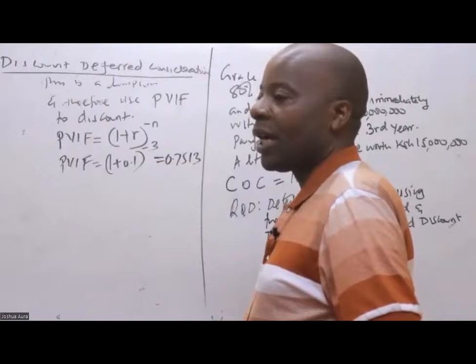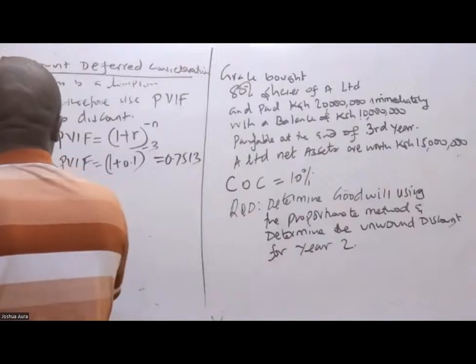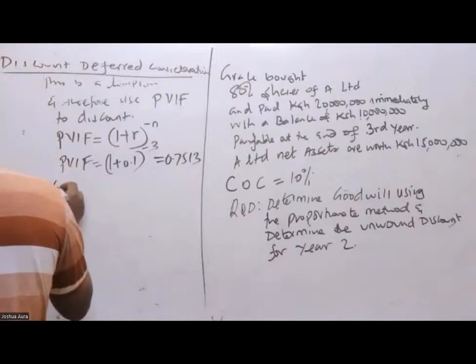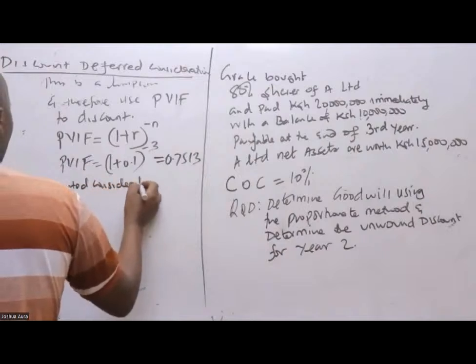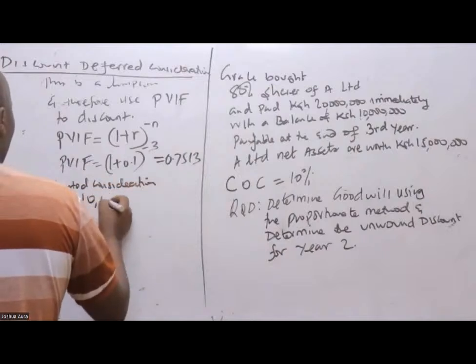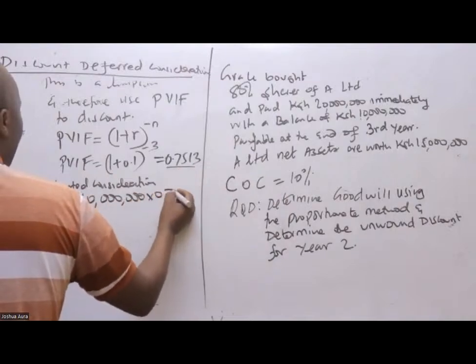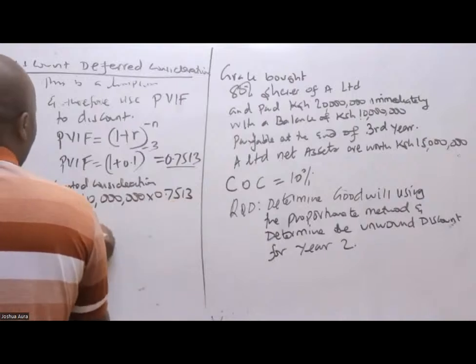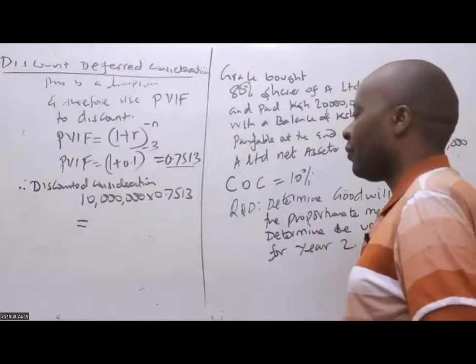And therefore, the discounted consideration will be the 10 million times 0.7513, which will end up giving me what amount? 10 million times 0.7513.